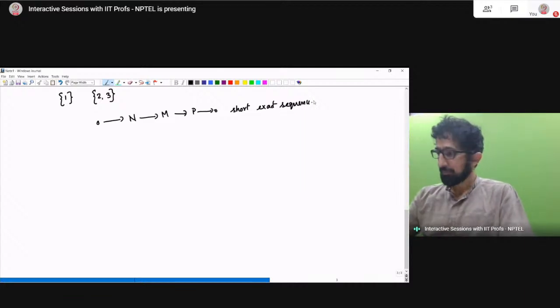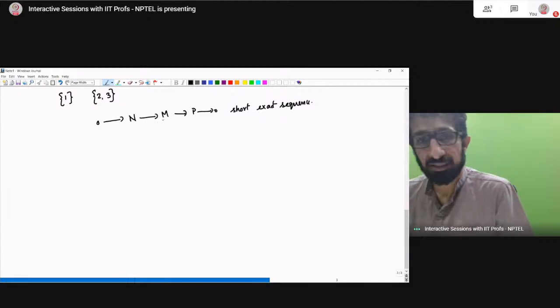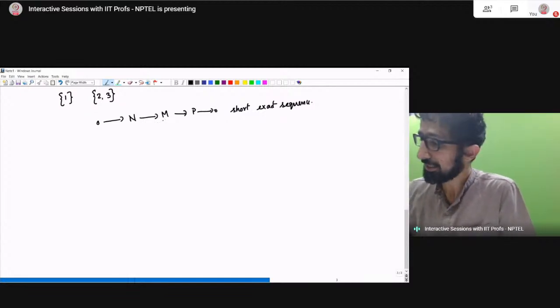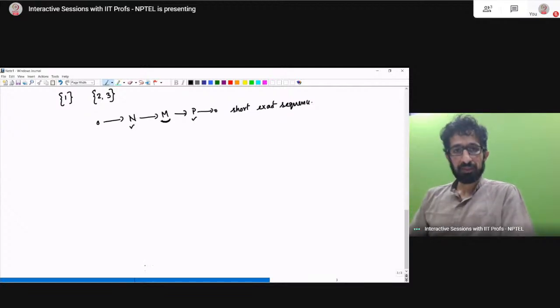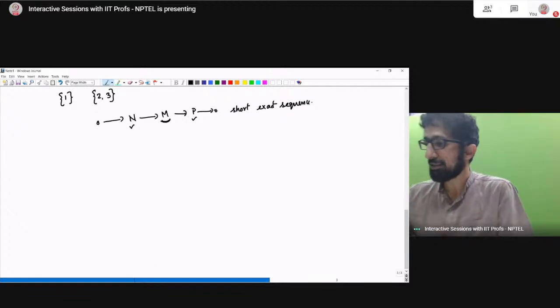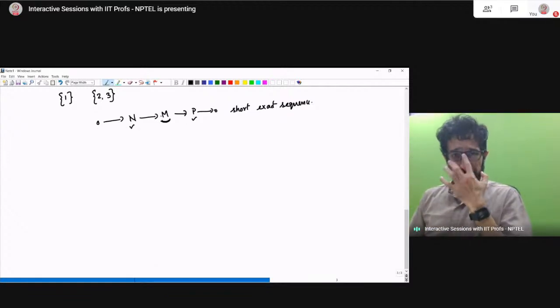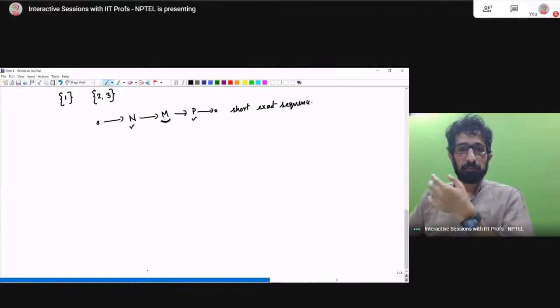The importance of this short exact sequence is that if you have information about M, you can get a lot of information about N and P, and vice versa. If you have information about N and P, then you can get information about M. So this is one important aspect of short exact sequences.